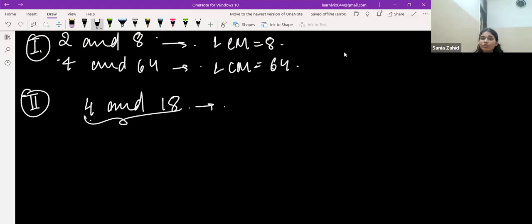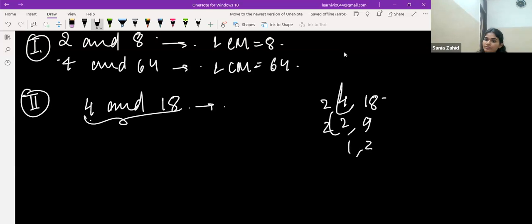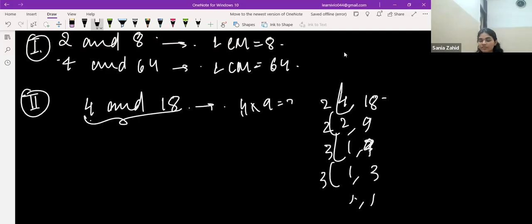So 4 and 18 have a common factor, which is 2. So for the numbers which have a common factor between them, what do we do? We find the LCM by prime factorization. Okay, so we will do all this method. So the LCM will be 4 into 9, LCM will be 36.